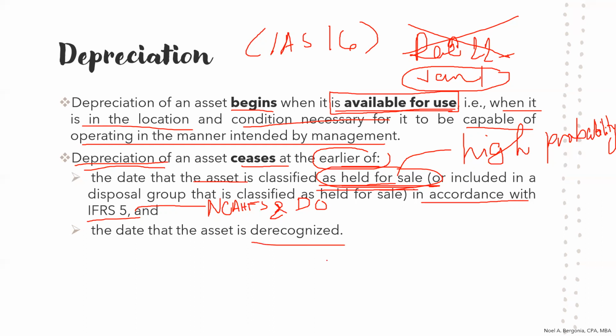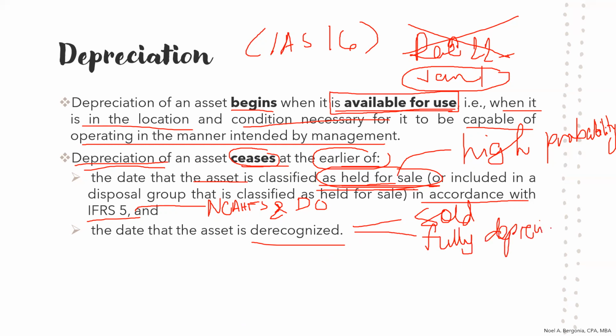So ano pong ibig sabihin ng derecognize? Pag sinabing derecognize, it's either you have sold it already, no? Binenta mo na, kaya wala na sa iyo yung asset, so dapat wala na tayong depreciation. Or syempre aside from that, pwede naman na hindi mo binenta pero fully used na siya, or yung tinatawag natin na fully depreciated.